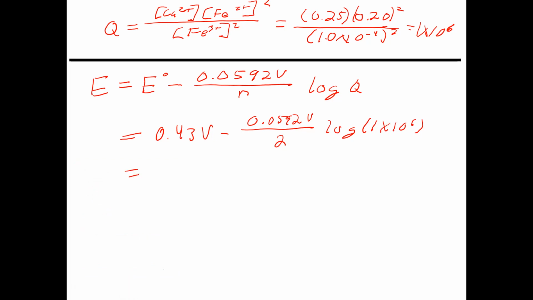So if you put that into your calculator, 0.43 minus 0.0592 divided by 2 times the log of 1 times 10 to the 6th, we come up with a cell potential of 0.25 volts.